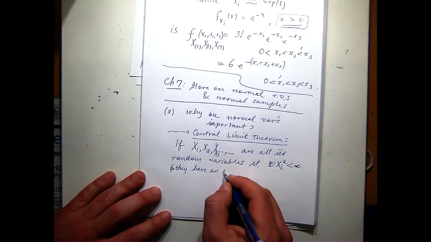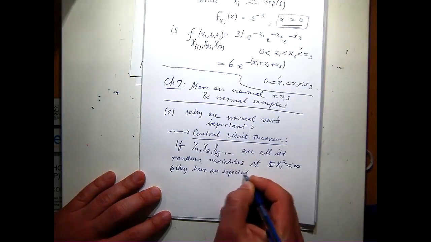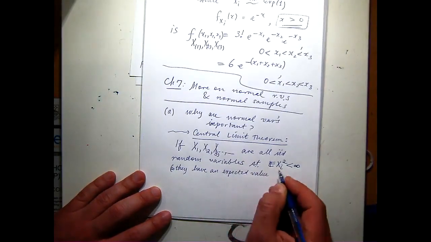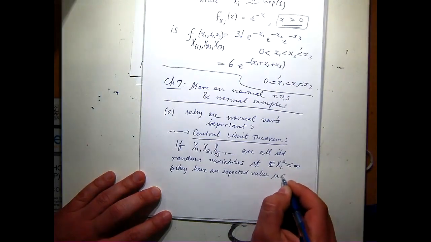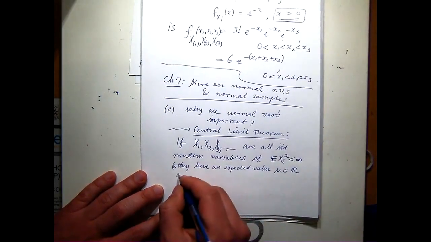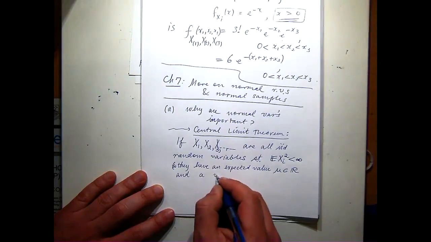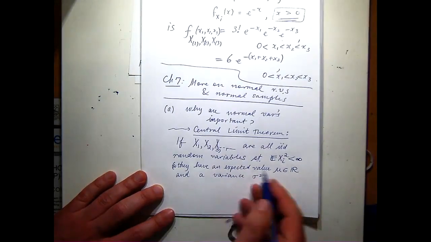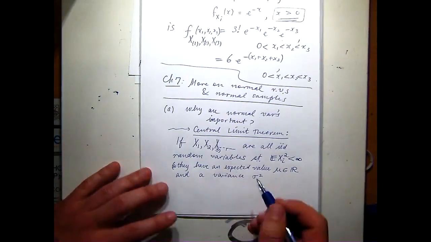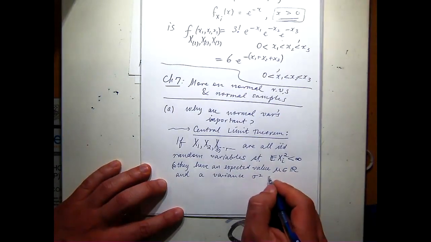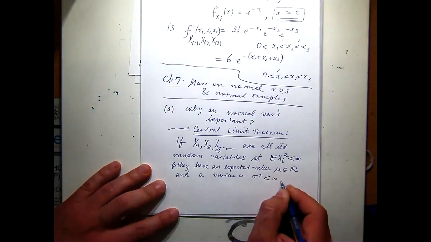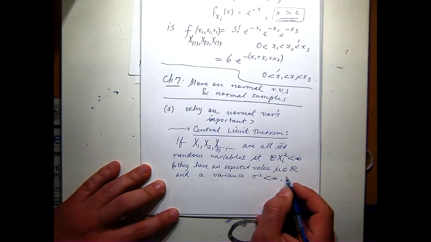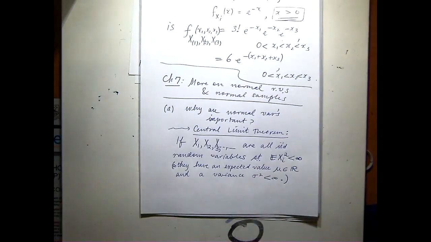So there's an expected value mu and a variance sigma squared. It's a common expected value to all of them, a common variance to all of them, and that variance is finite. So there's a finite real mean and a finite real variance.